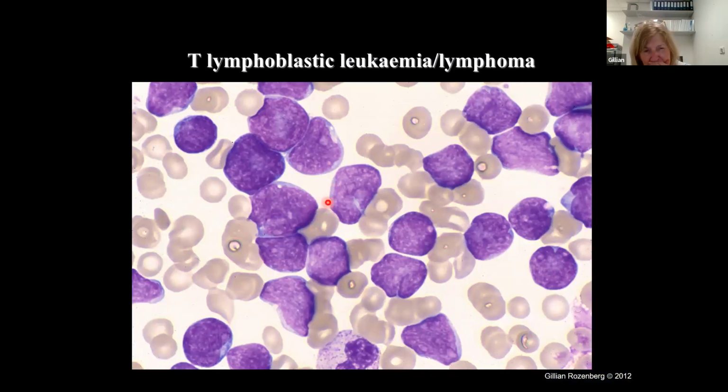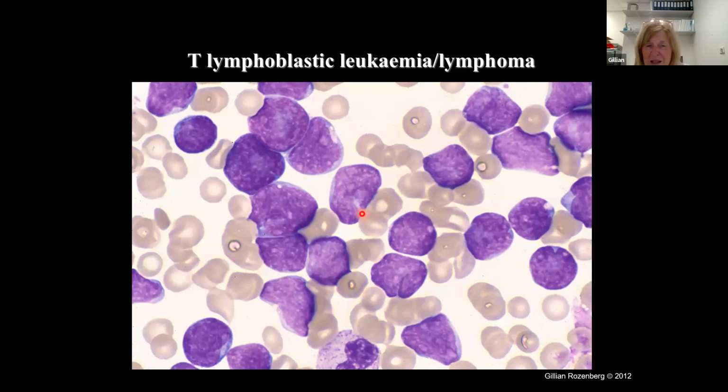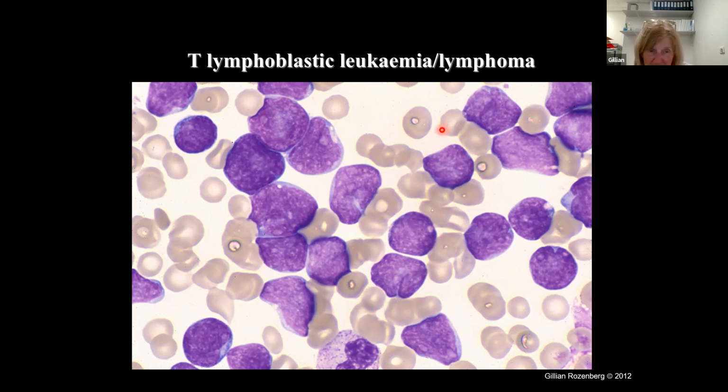So looking at the peripheral blood, if you think back in your mind to the B cell peripheral blood, I think we only had about 6 blast cells on that picture, but the lymphoblast count on the T cells is very high. They have a very high blast cell count.